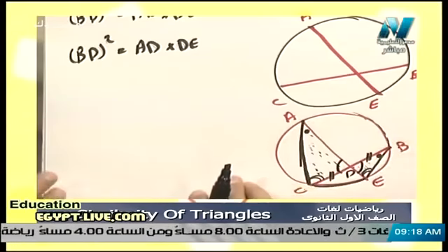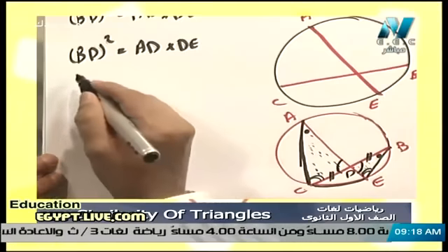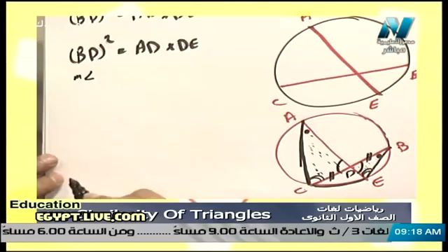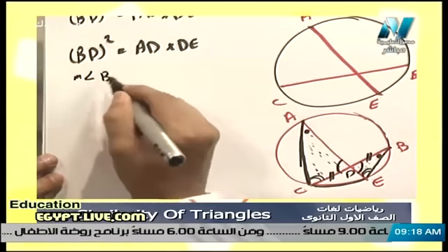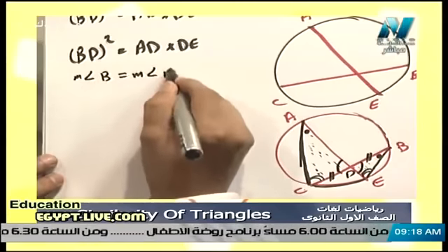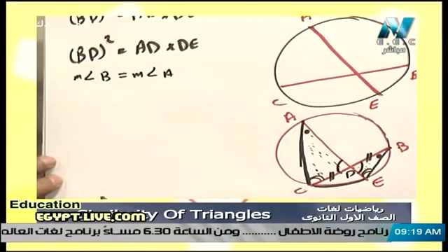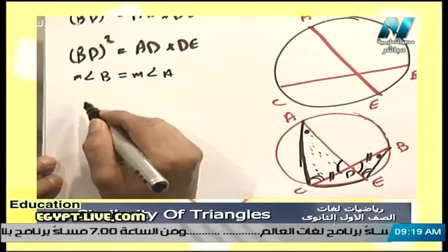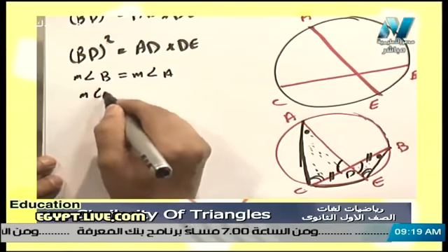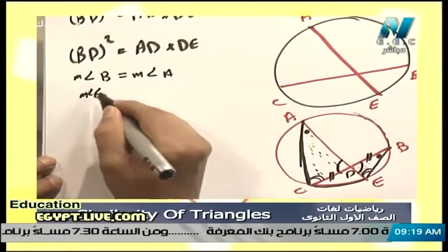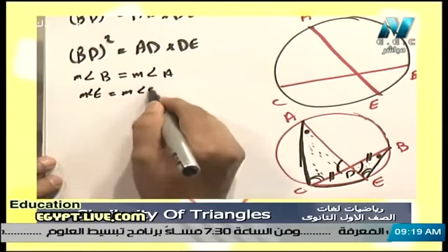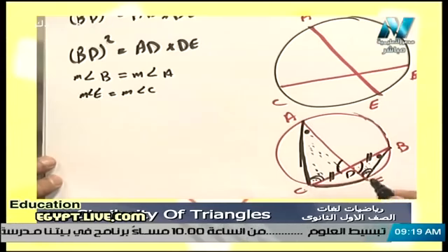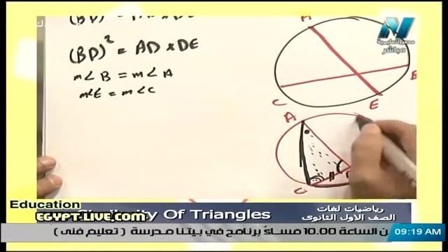Okay, so we can write measure angle B equals measure angle A, inscribed angles subtended by same arc CE, and secondly we can say measure angle E equals measure angle C for the same reason, because they are inscribed angles equal in measure because they have the same arc BA.